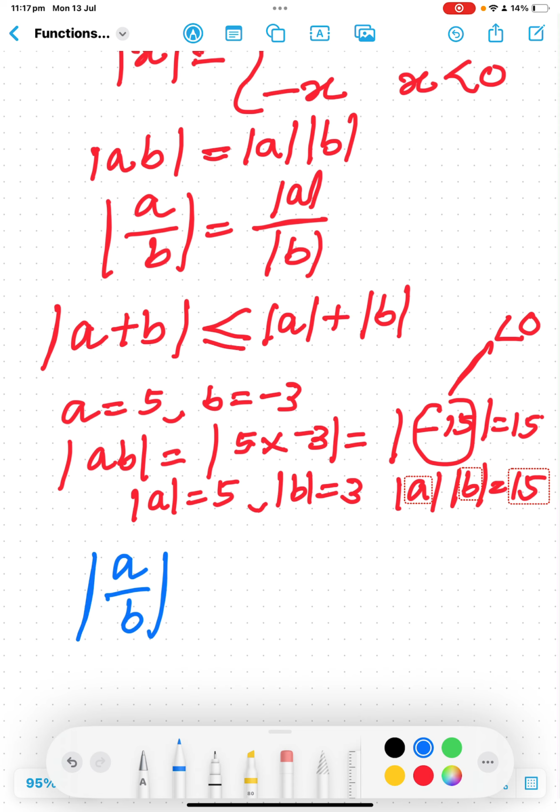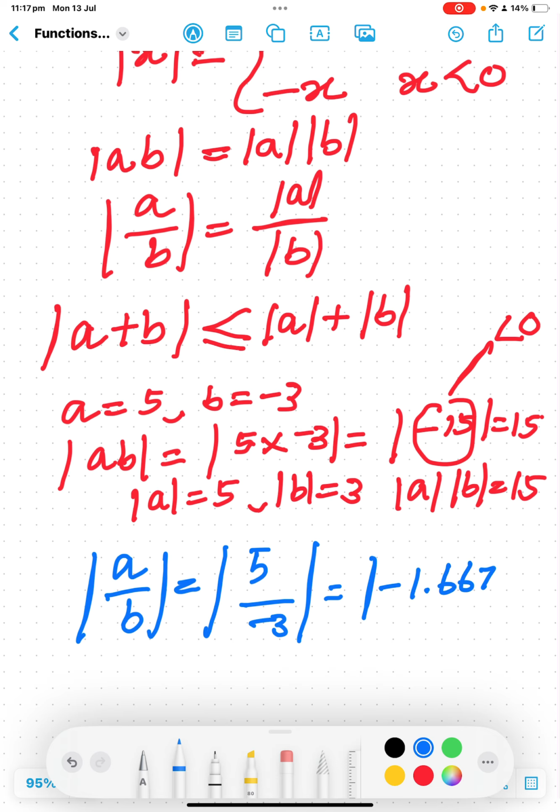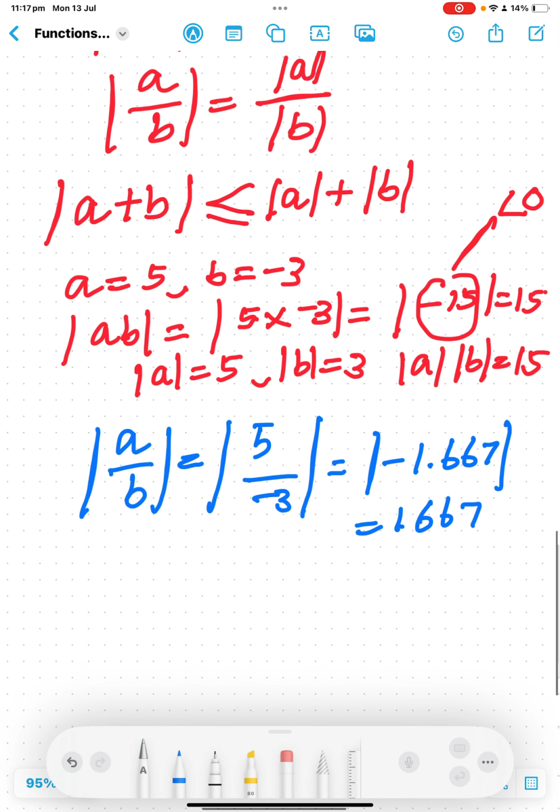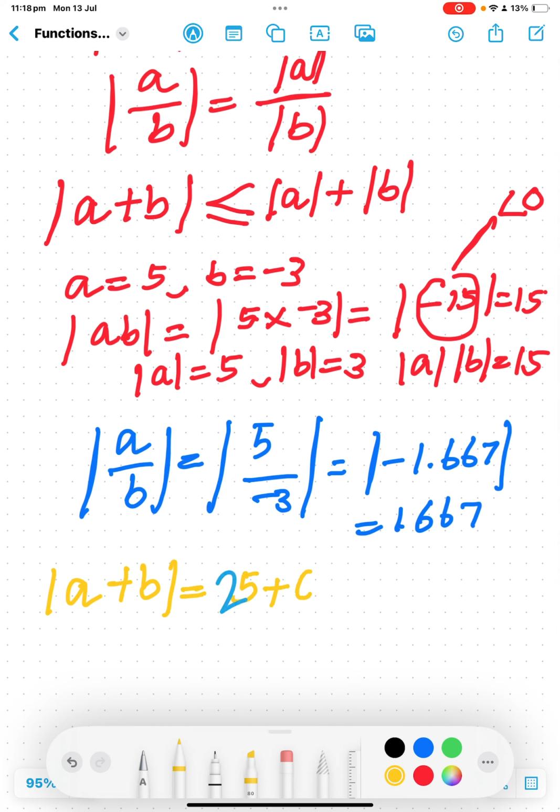a divided by b modulus would be 5 divided by -3 modulus. That would be -1.667, that equals 1.667. What happened to modulus of a plus b? Modulus of a plus b equals a is 5 plus b is -3.